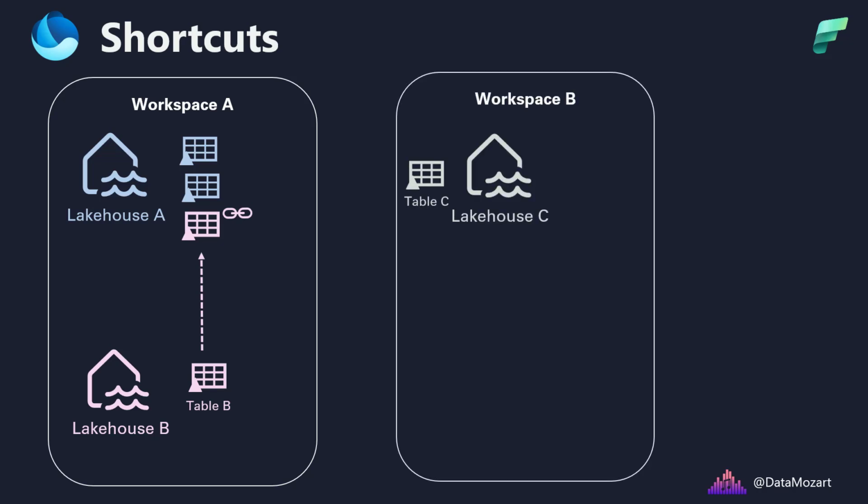In some scenarios, you will have a lakehouse which resides in a different workspace, in this case workspace B. So again, I can create a shortcut to table C from workspace B and again leverage this data together with data that is natively stored in my Lakehouse A. There is no physical data movement, it's just a pointer to the data that is stored in a different location.